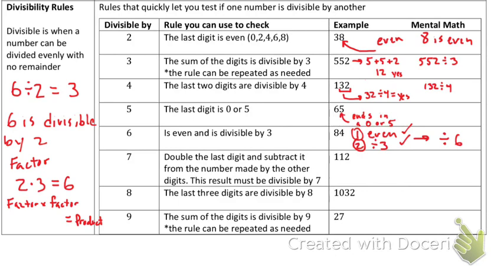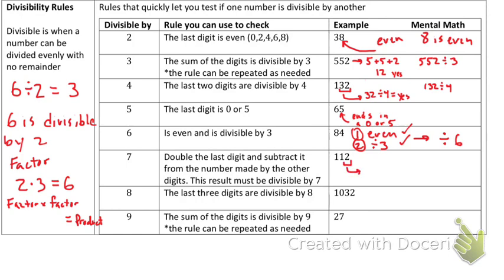Okay. Number 7, a little more complex here. What you want to do is double the last digit. Okay. So if you look, we are going to take the last digit, which is 2, and we are going to double it.